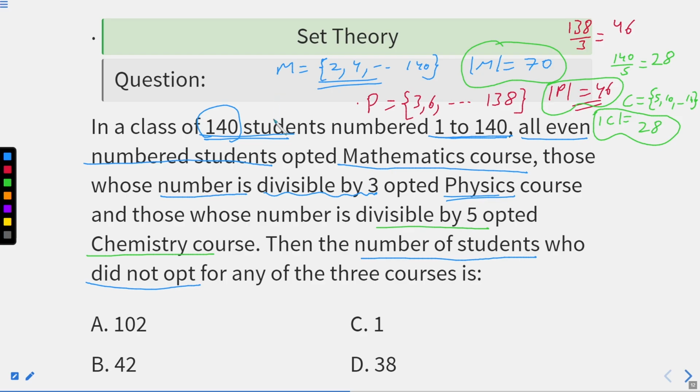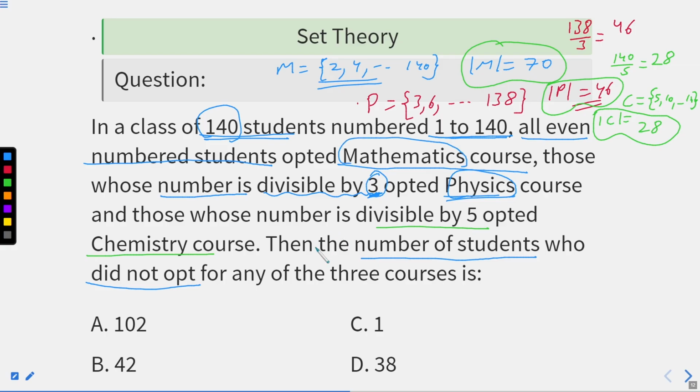So if you see, the multiples of the LCM of 2 and 3 will opt for math as well as physics, because if the roll number is divisible by 3, the student opted for physics, and if the number is even, the student opted for maths.